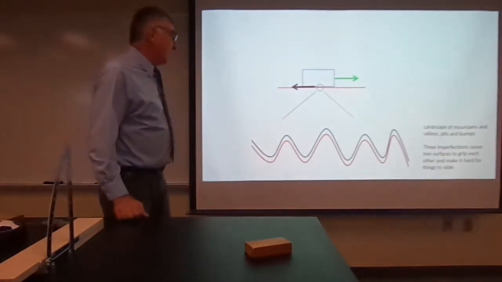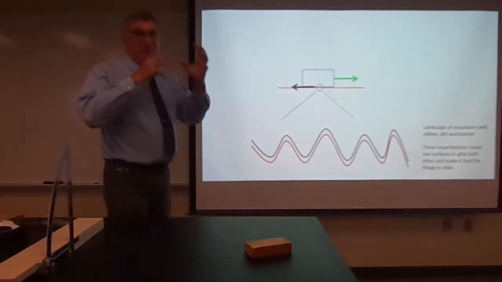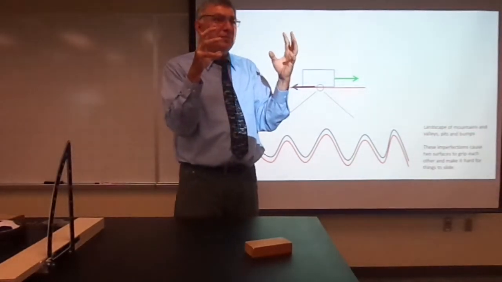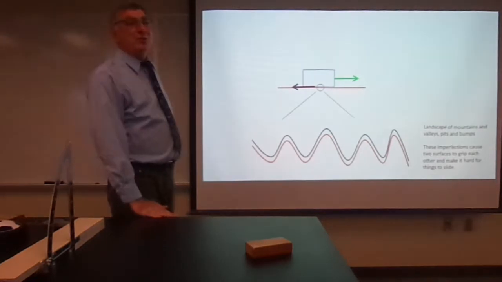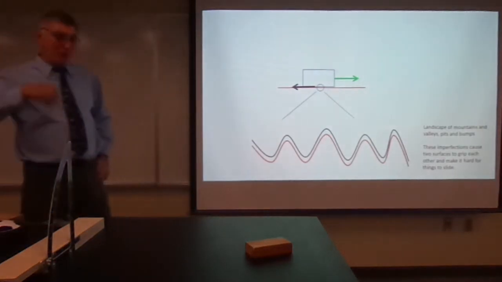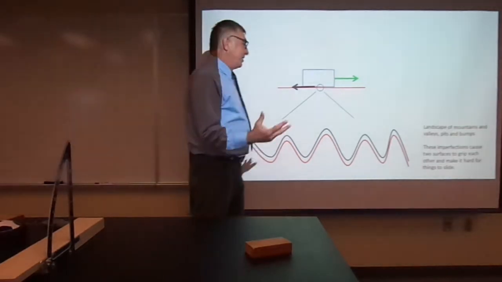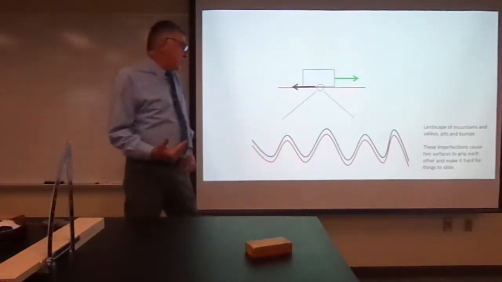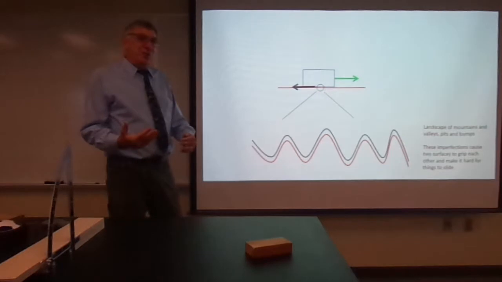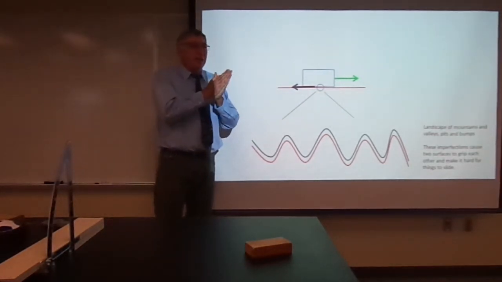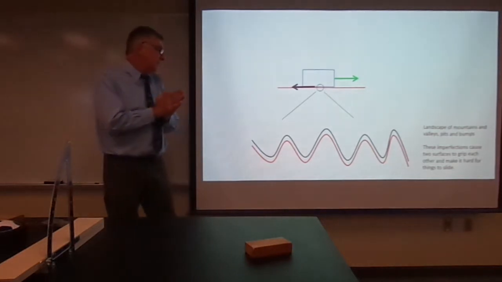Invisible to our eyes, but probably there are imperfections which are interlocking with each other. Surfaces just look smooth because we don't have the power of resolving those details, which are much smaller than we can perceive. But friction is connected with this interlocking of mountains and valleys.